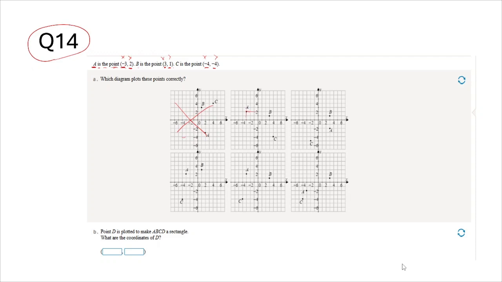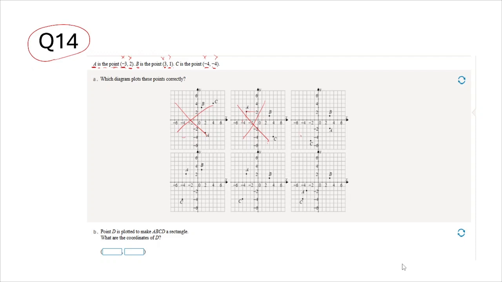Okay, this is right. Let's move to the next point. B is 3 and 1, so 3 and 1, this is right. Let's go for C. It's mentioned minus 4, minus 4. If I go to minus 4, it will be here. So C is wrong, which means this figure is wrong.